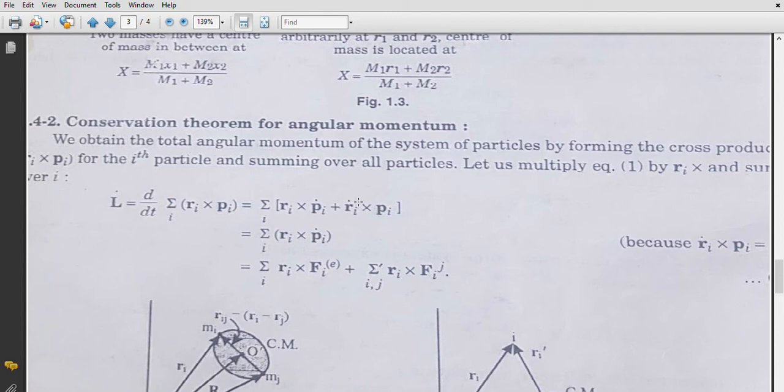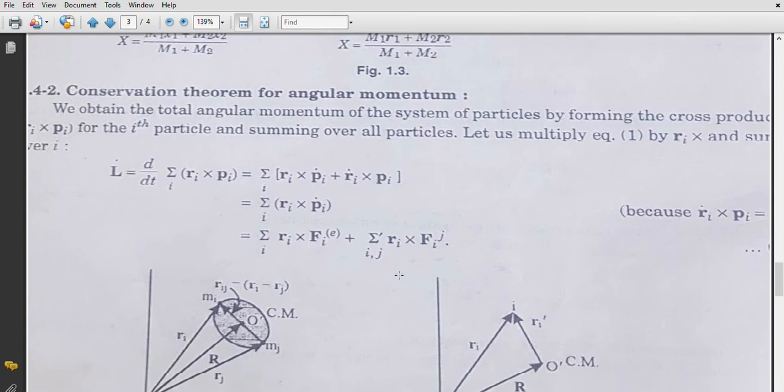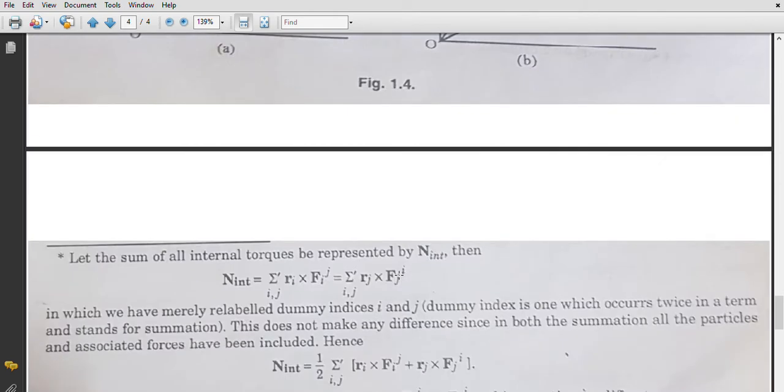So I get ri dot cross ri dot, and the cross product of this term will be 0. I get only the first term, and I have already written that pi dot is equal to external force plus internal force. So here the first term is the external torque and the second term is the internal torque acting on the system.